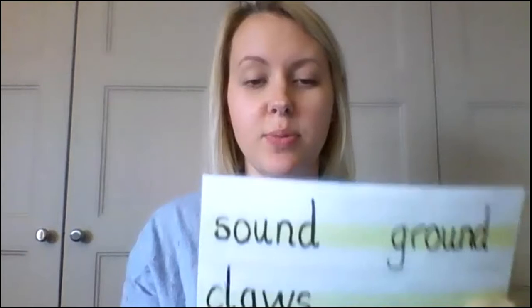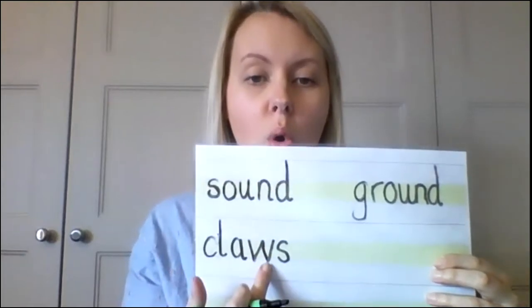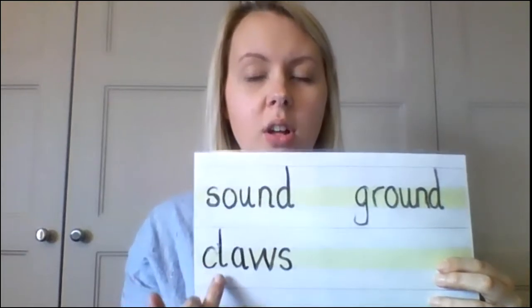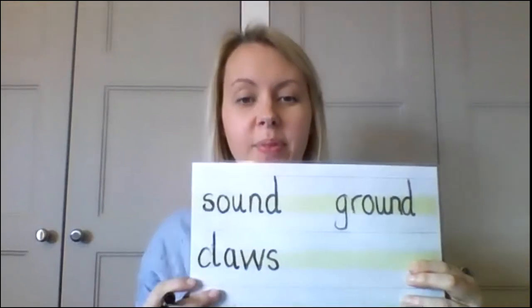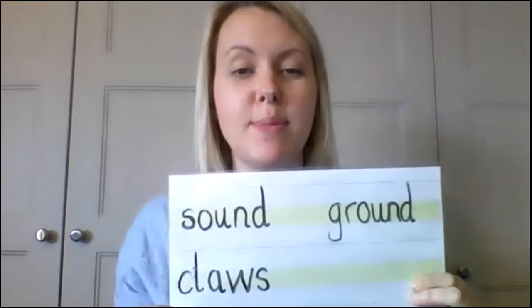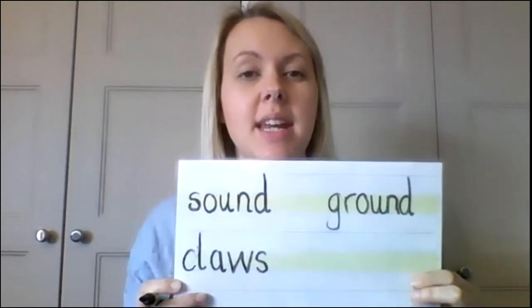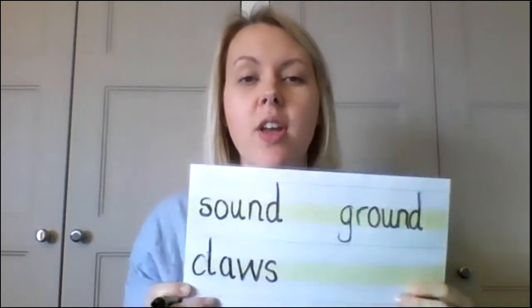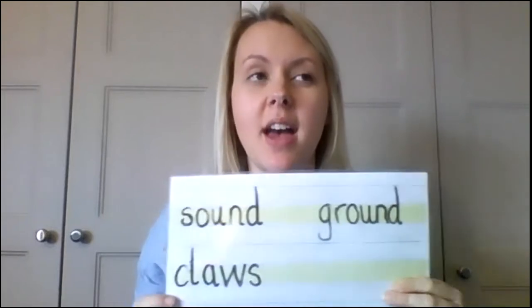This is my second word. Claws. Now this one, here comes my clue, is part of the poem that we didn't read today, but we did yesterday. Went scratch, scratch, went the claws of tiny baby dinosaur.